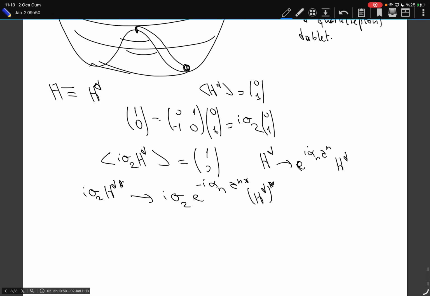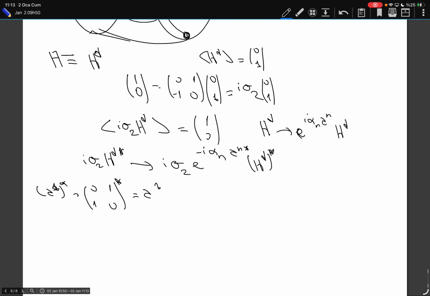And what are my τ_i's? τ1 conjugate is 0, 1, 1, 0 conjugate, which is τ1. τ2 conjugate is 0, minus i, i, 0 with 1 over 2, complex conjugate, which is minus τ2. And τ3 conjugate is just 1 over 2 τ3.